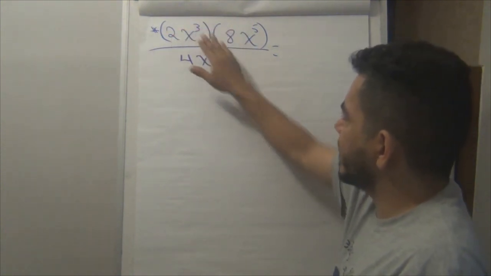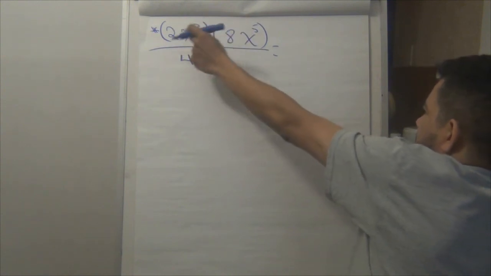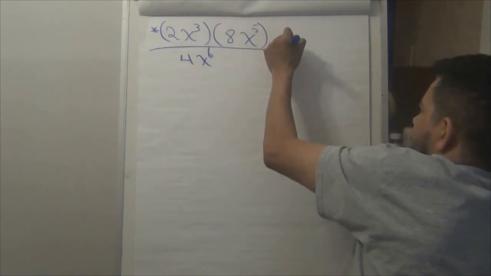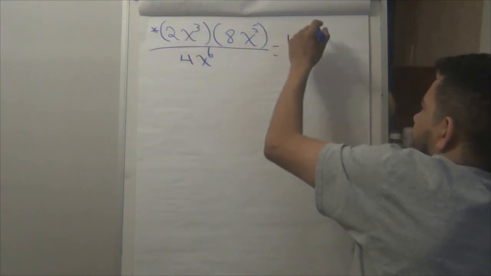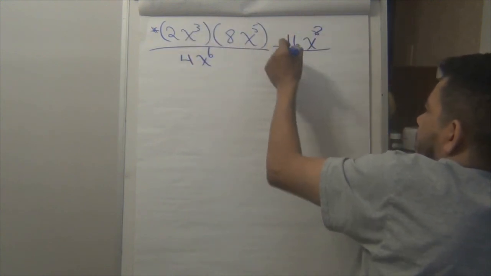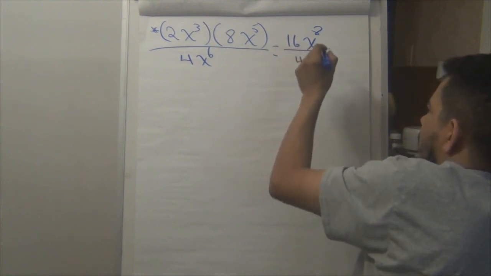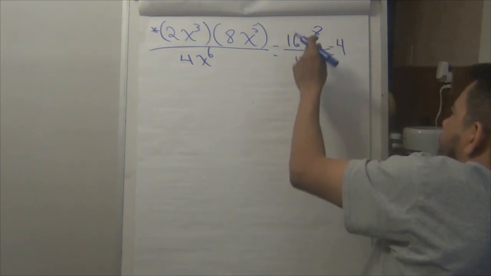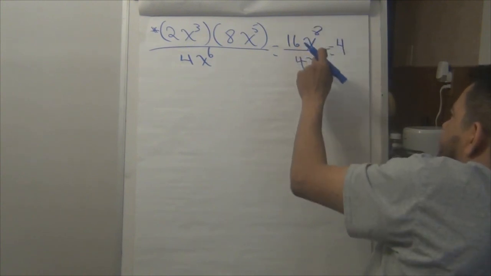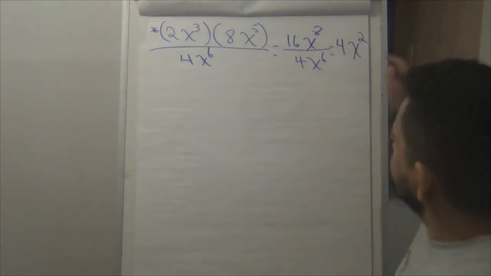No, this is a multiplication. So let me multiply the top to make it easier. So 2 times 8 is 16. X to the 3rd, x to the 5th, x to the 8th, divided by 4x to the 6th. Okay. 16 divided by 4 is 4. X to the 8 and x to the 6, that's x squared.